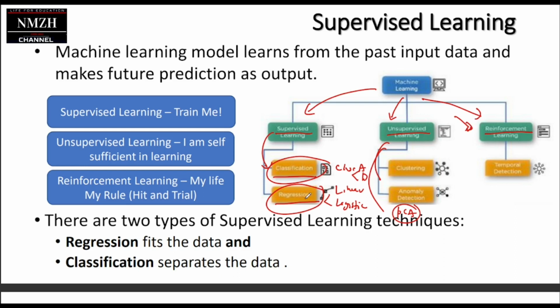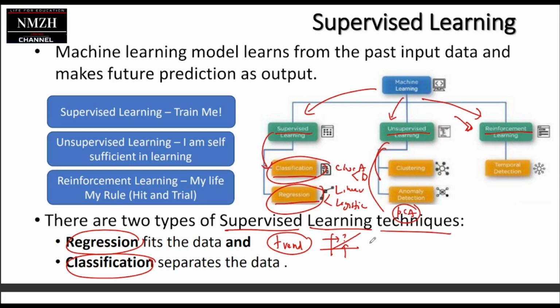For supervised learning, as we did discuss before, we have regression and classification. Regression means things related to the trend, if you can remember that trend. Meaning we give something and we predict something in a trend. It could be linear or quadratic line.